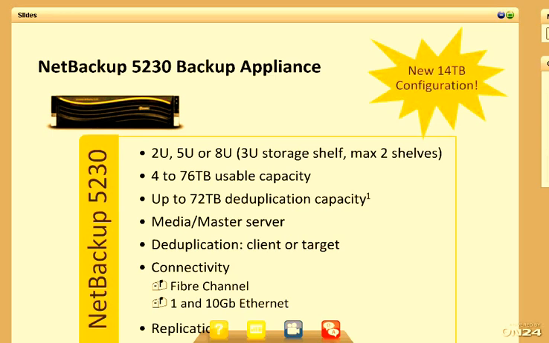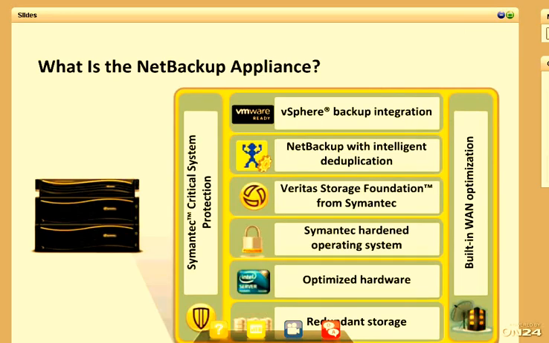Built into the appliance is also the ability to have VMware-based backups. With NetBackup 7.6, there's a tremendous improvement in how you can manage the backups of VMware, to where you can do accelerated backups. We don't have time to get into that in today's presentation, but if you want to listen in on next week's Tech Tuesday, we will cover in depth how VMware is protected with NetBackup, and there's a link to that on our website that will point you to that.